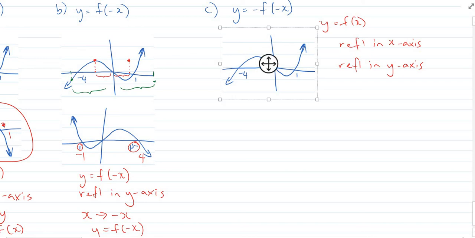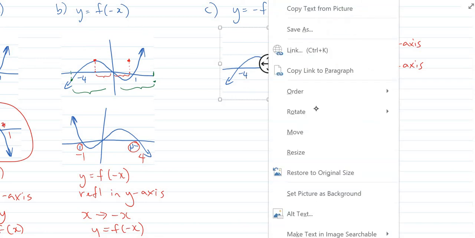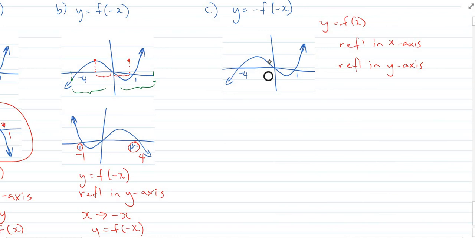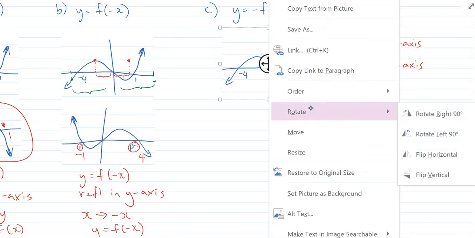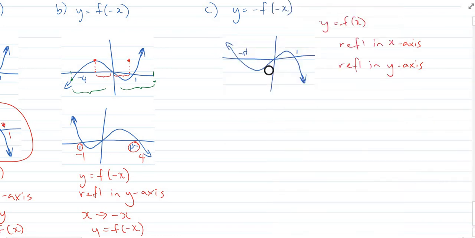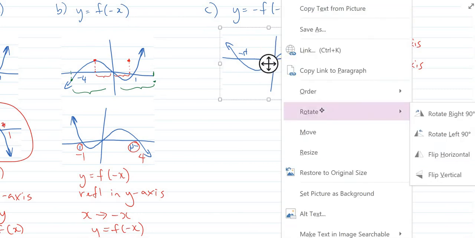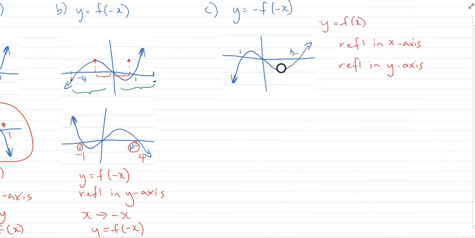So I'm going to take this and reflect it in the x-axis, which is the vertical flip, and then I'm going to reflect it in the y-axis, which is the horizontal flip, and that's our resulting graph.